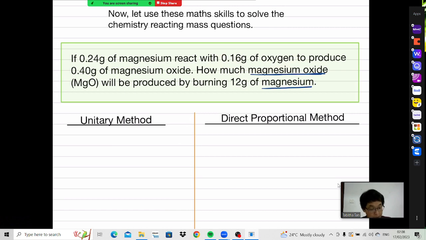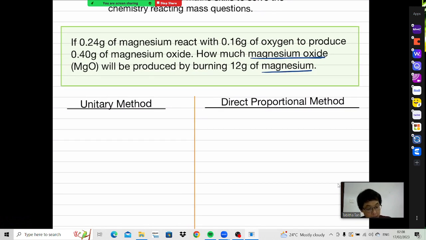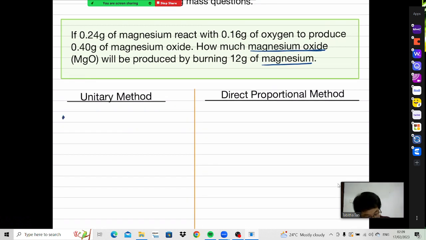Once you got this, let's find out the unitary method. They are asking 12 grams of magnesium to produce how much of that? So that means you want to take 12 multiply 1 unit of magnesium, correct, to produce how much of magnesium oxide? So 1 unit of magnesium would produce how much magnesium oxide?